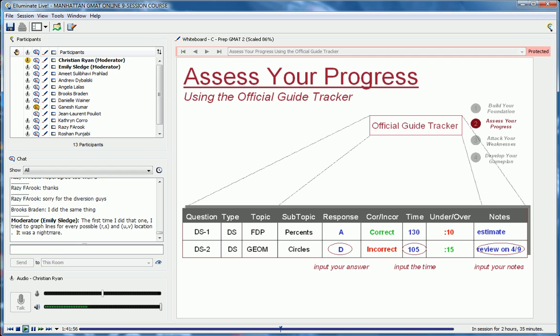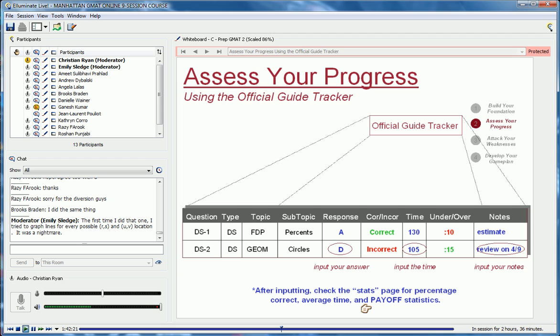And over time, as you put in more data, you can check the stats pages to see how many you've gotten right of particular topics, what your average time is, and the payoff statistic is pretty handy because it tells you if you spend over the target time on that question type, do you tend to get it right or not?